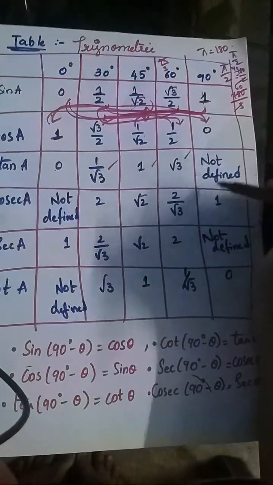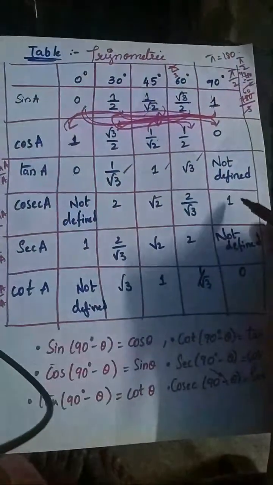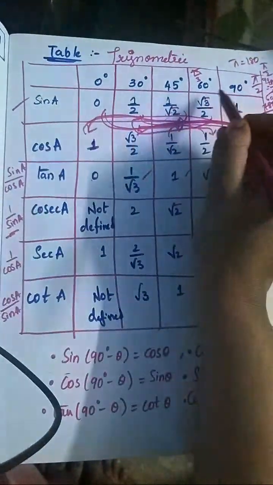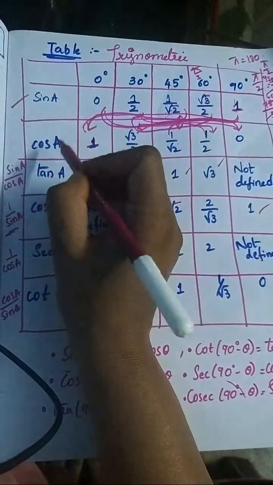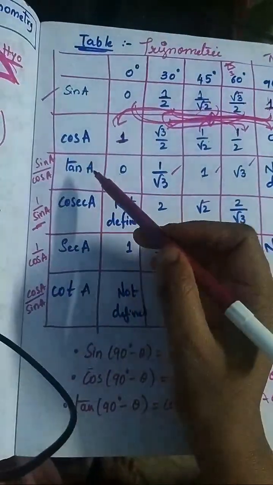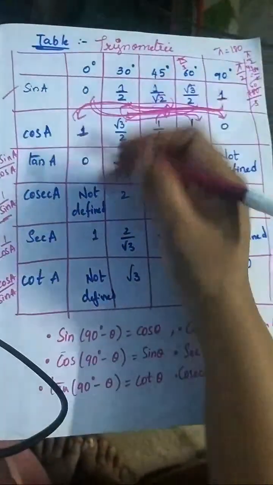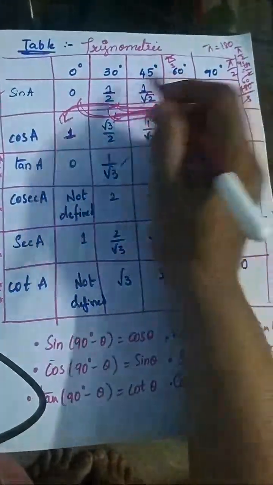And 1 by 1 means 1 only. If you remember this one, we get the reverse of sine A, we get cos A, and then we can easily write all this. So practice this table children by my trick, so then you can easily remember the values.